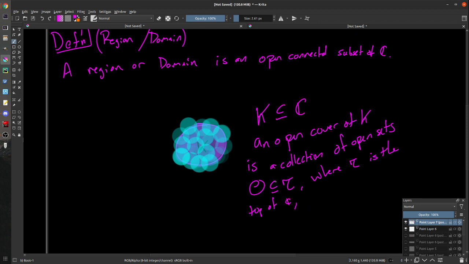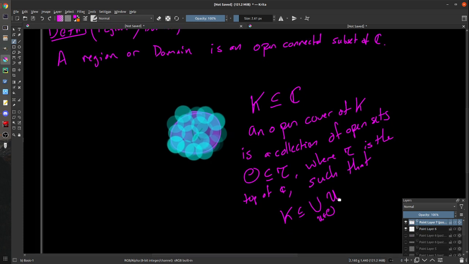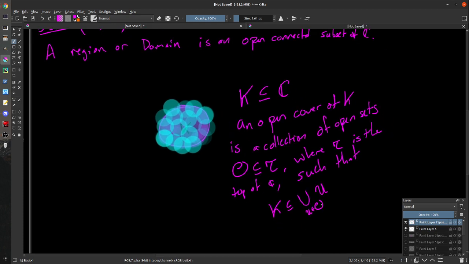So this is a collection of open sets, such that K is a subset of the union, for U in O, of the open sets within O. So I'm saying that if you take a big collection of open sets and you put them all together, then K's inside of it. That's an open cover of K. So it's some collection of open sets that have K inside of it. All right, good.